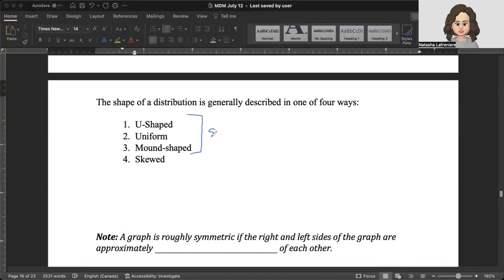So these guys are symmetrical. Okay, so a graph is roughly symmetric if the right and left sides of each graph are approximately mirror images of each other.